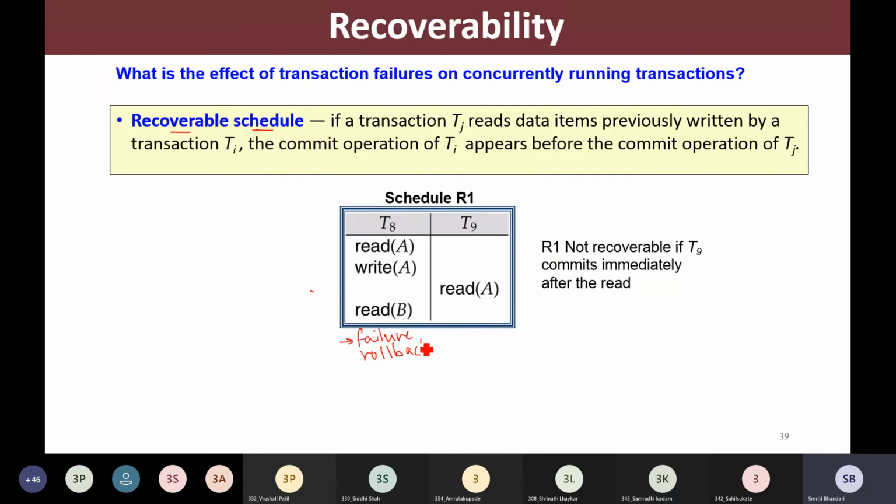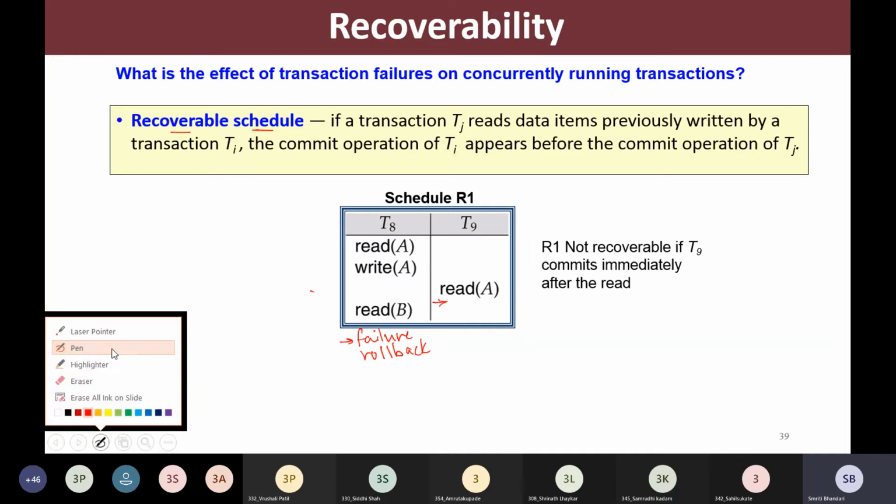So in this kind of situation, if both transactions have not been committed yet and there is a failure of T8, then obviously T8 needs to roll back, but as T9 has not been committed, there will not be any problem. If prior to this failure T9 gets committed here, and T9 has read the data item written by T8, then there would be a problem.